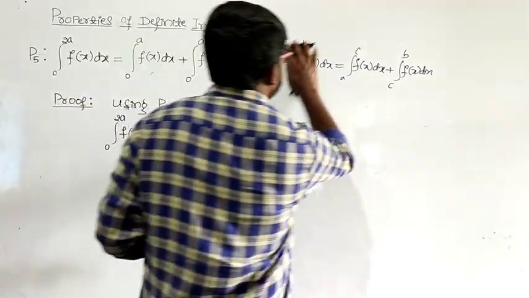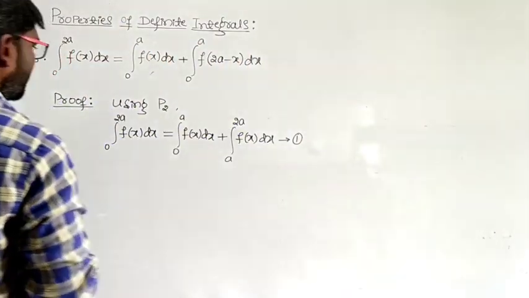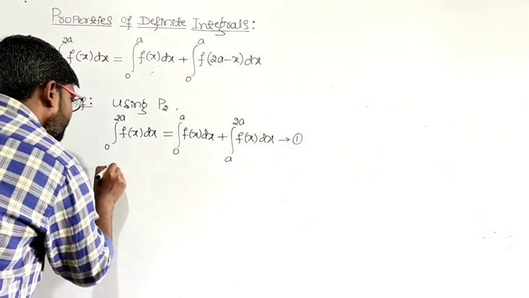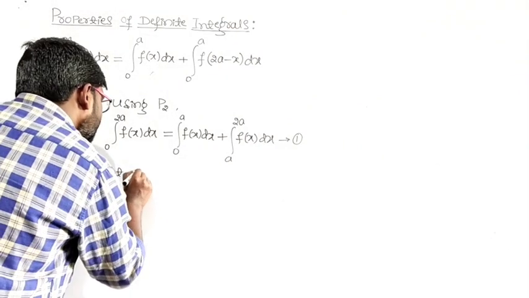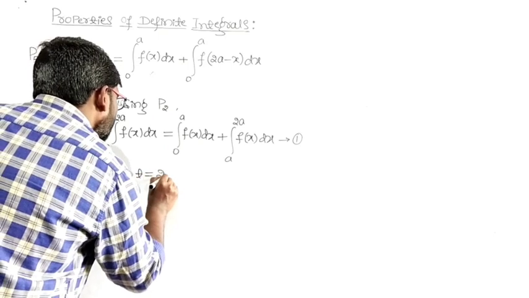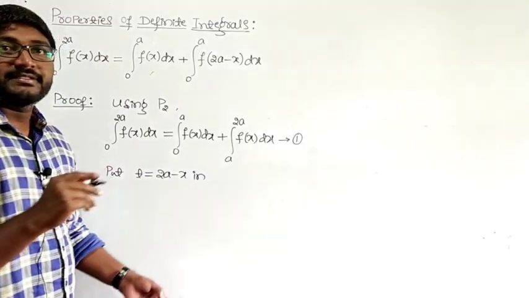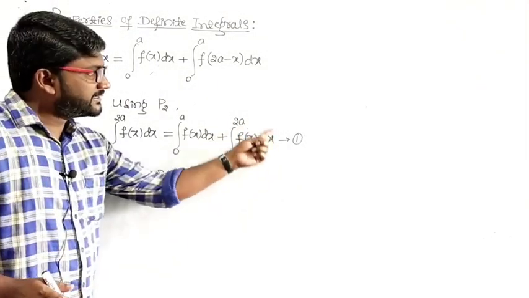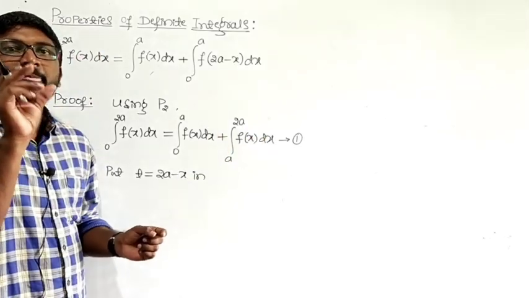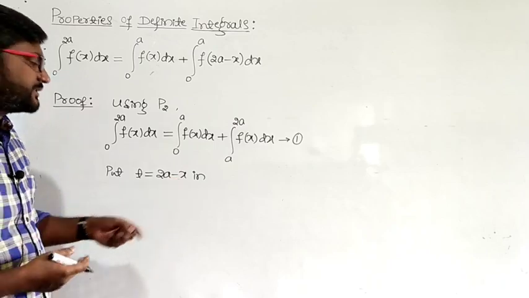So see here, the substitution will be: now put t equals 2a minus x in the second integral of the right hand side. In this second integral we are replacing t by 2a minus x, or x by 2a minus t.